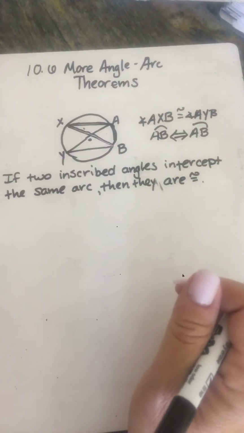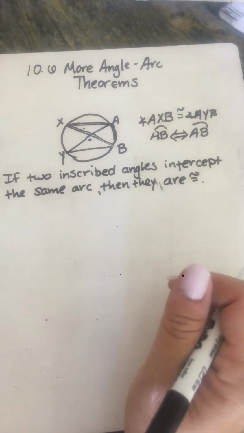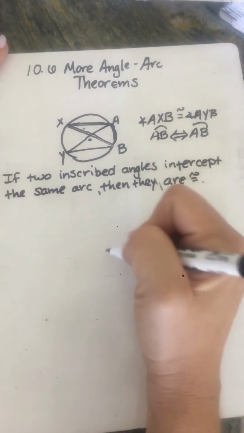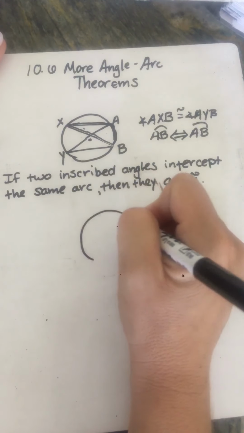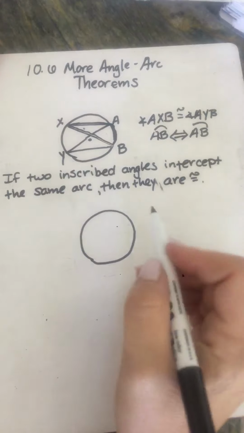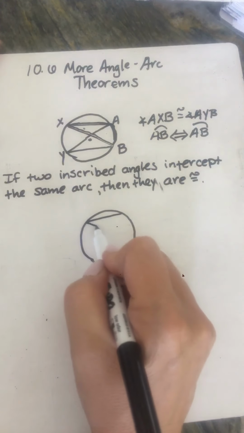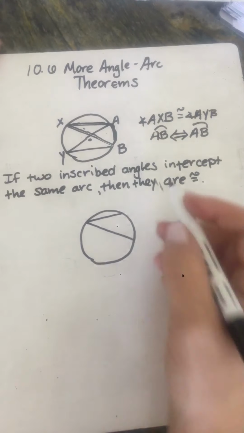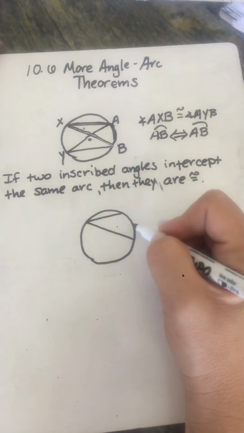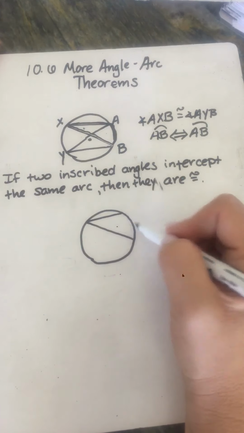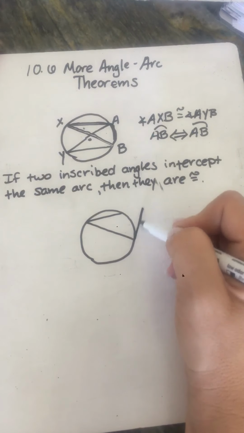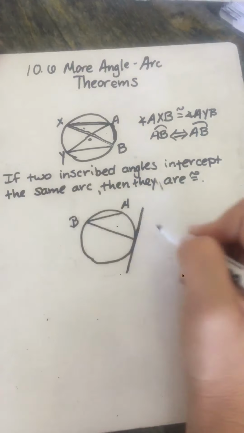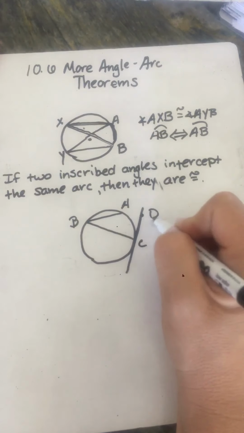All right. The same goes for tangent chords as well. So let's say we've got an inscribed angle and a tangent like so. We've got A, B, C, and let's put D out here.